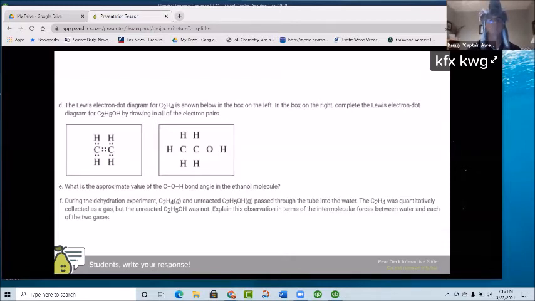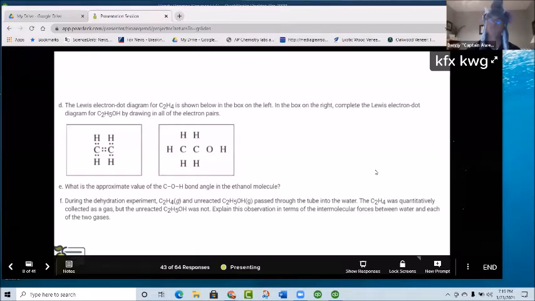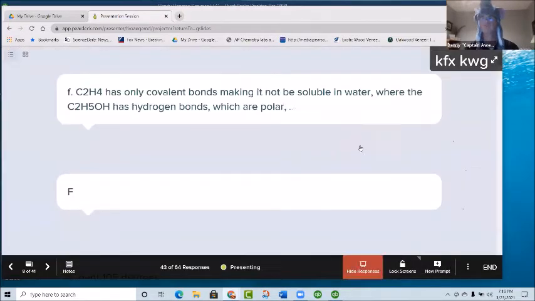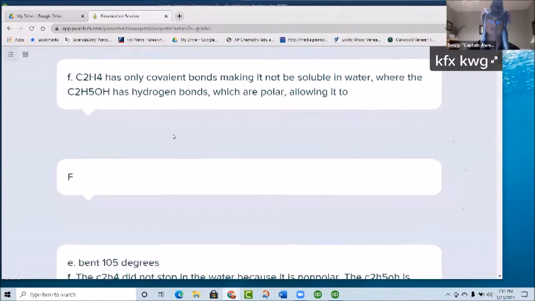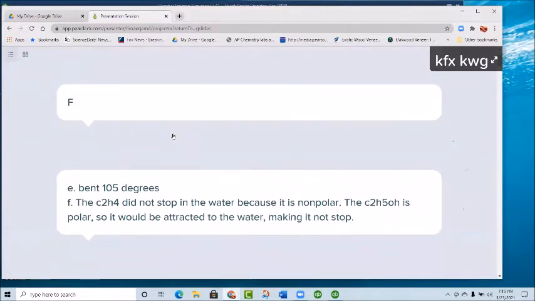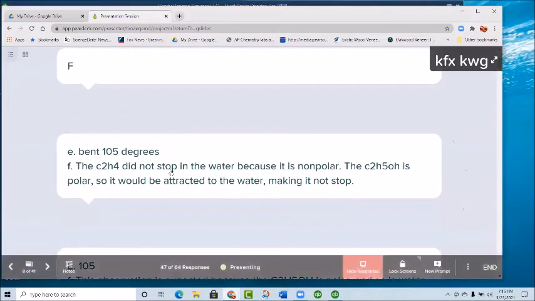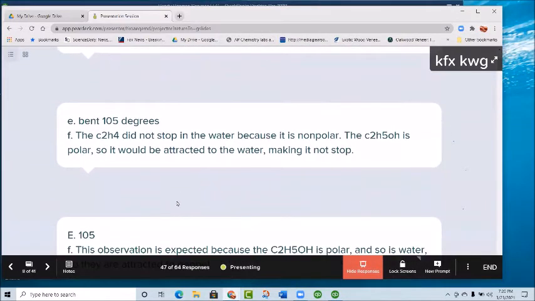All right, so let's see what we've got. I got 43 answers, so I'm just going to look at a couple of them real quick. "C2H4 has covalent bonds, whereas C2H5OH has hydrogen bonds." It's so much fun. "The C2H4 did not stop in the water because it is nonpolar.